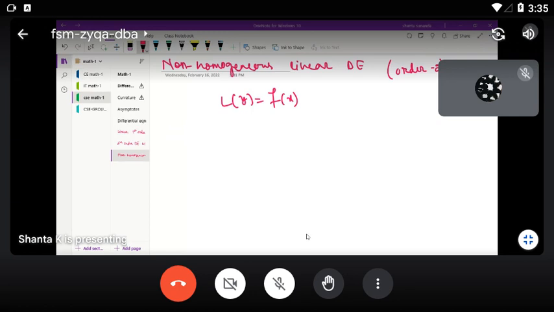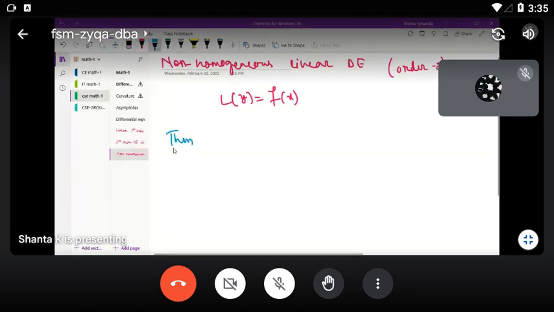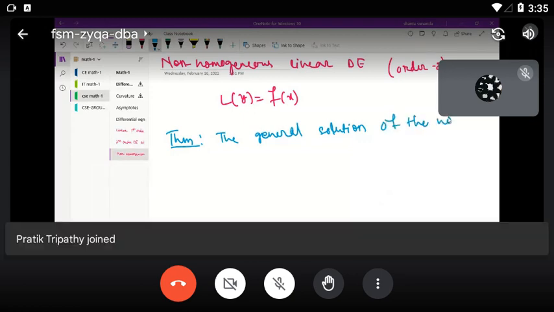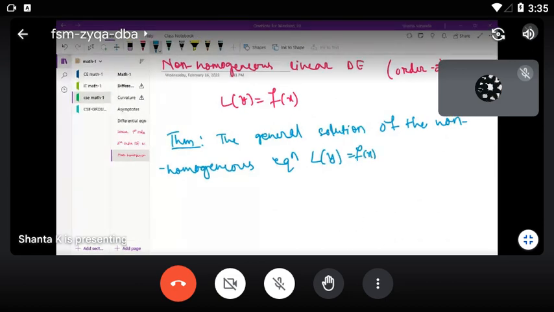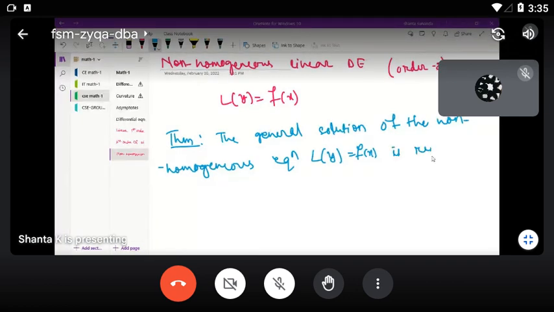So the general solution of the non-homogeneous equation will be given as the sum of some particular solution.